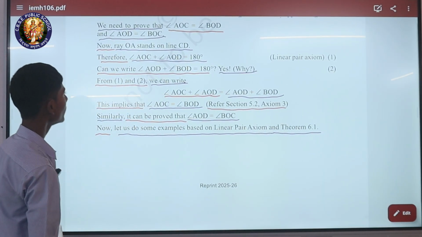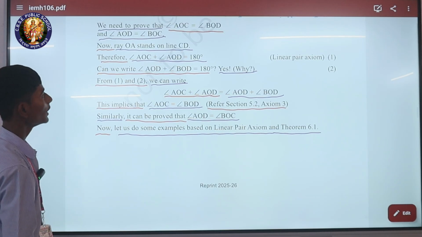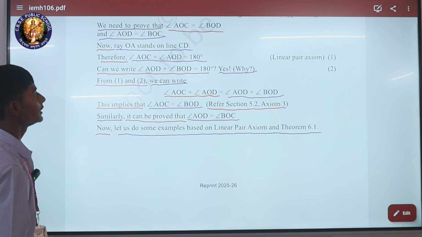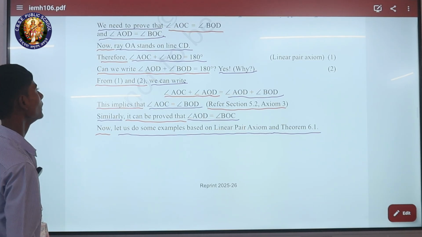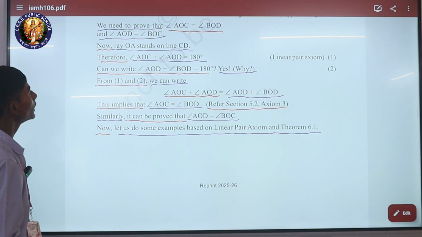We need to prove that angle AOC is equal to angle BOD and angle AOD is equal to angle BOC.